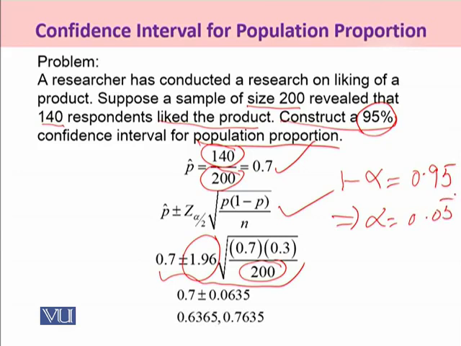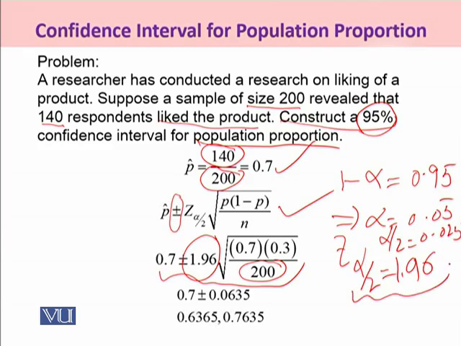Now look here, the confidence interval is a two-sided interval. Why? Due to this plus minus sign. We will get a lower limit and an upper limit. Now if you go to the standard normal table for alpha 0.05, two-tailed, the value will be 1.96. I divided alpha by 2 and got 0.025. When you use the standard normal table inversely, from 0 to z, you will get this value 1.96.